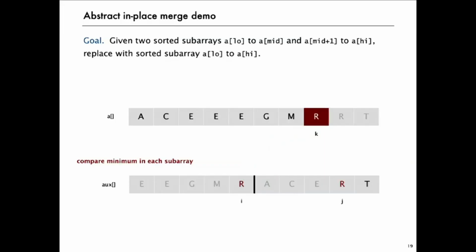And now that first subarray is exhausted, so really all we need to do is take the rest of the elements from the right part and move them back in. Actually, since we copied, we could optimize by avoiding these moves. That's an abstract in-place merge. For taking the two sorted subhalves of an array, use an auxiliary array, move them out, and then put them back in sorted order.